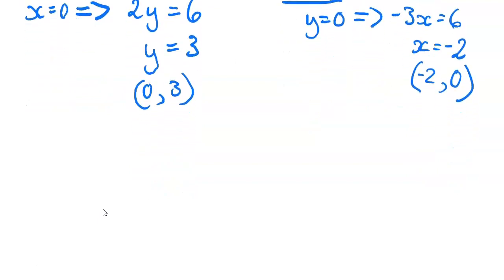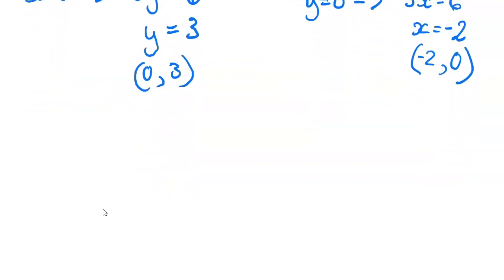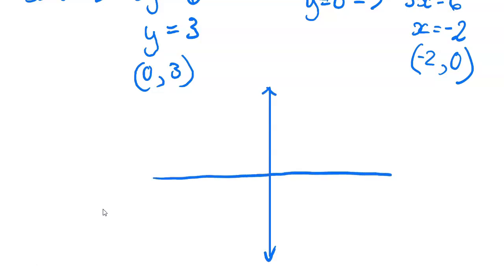So now I'm going to have to sketch this. Now, one reason why I prefer sketching as opposed to plotting is that you don't have to be quite as precise with your scale and so forth. Now, it is much easier when you have a ruler, and of course all of you are drawing this with a ruler.